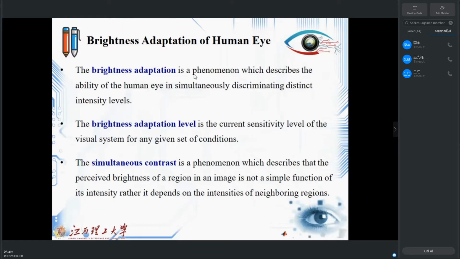intensity level. And the adaptation level is the current sensitivity level of the visual system for any given set of conditions. The simultaneous contrast, we can call it, is the phenomenon which describes that the perceived brightness of a region in an image is not a simple function of its intensity, rather it depends on intensities of the neighboring region.